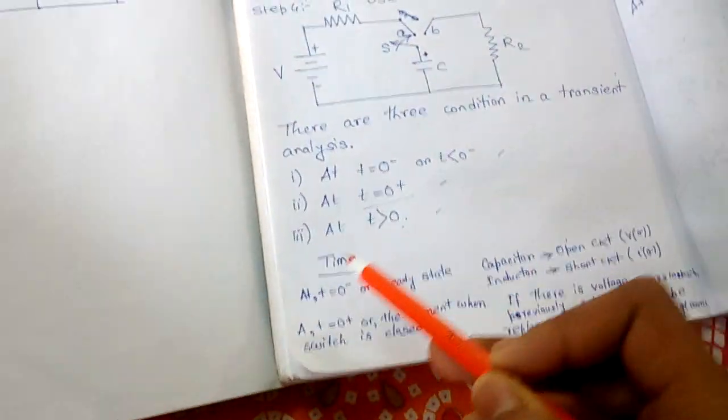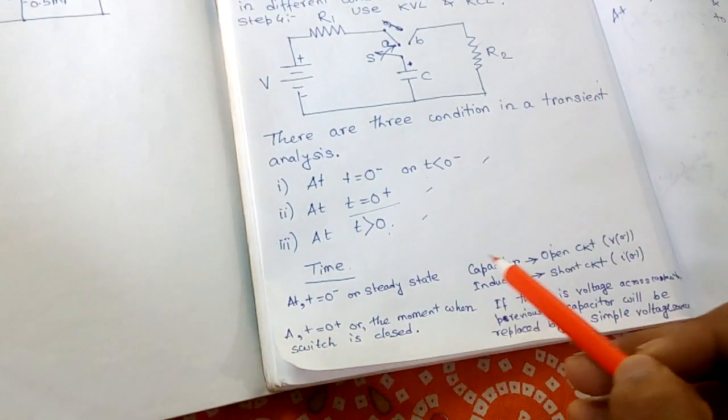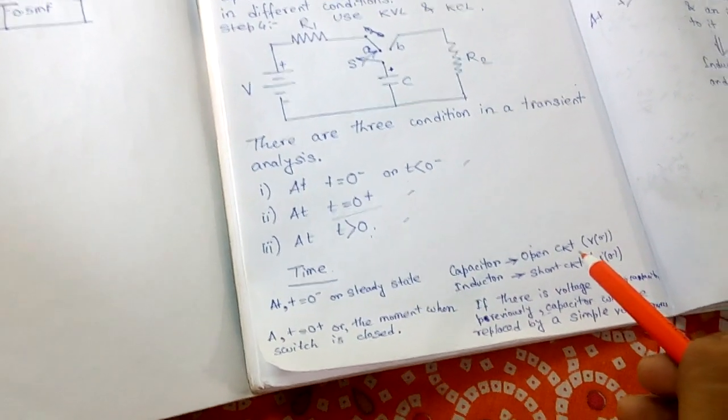So in steady state, the capacitor is open circuited. Due to this open circuiting of the capacitor, we first have to determine VC0 minus. So let's see.